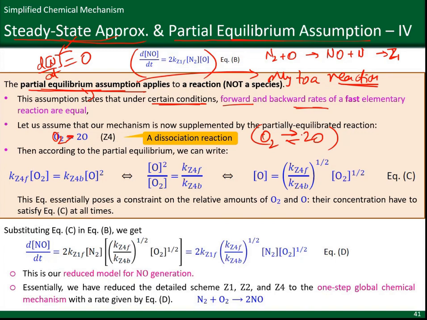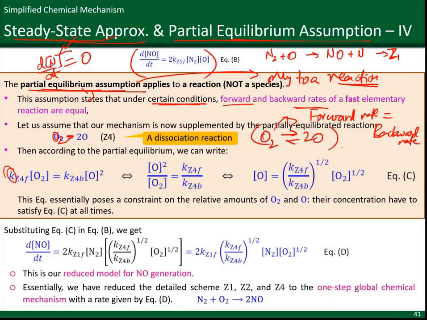meaning the forward rate of the reaction is equal to the backward rate. The forward rate of the reaction is the reaction rate coefficient K times the concentration of the reactant. The reactant is just O2. So here, for this particular reaction, we are simply saying forward rate is equal to backward rate under equilibrium assumption.